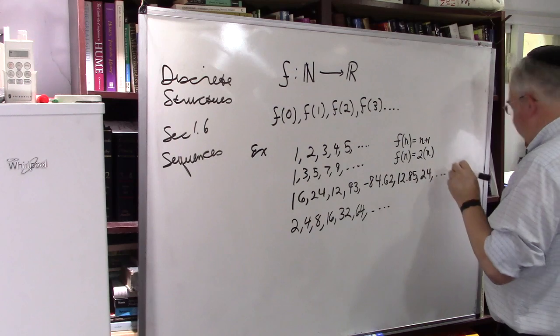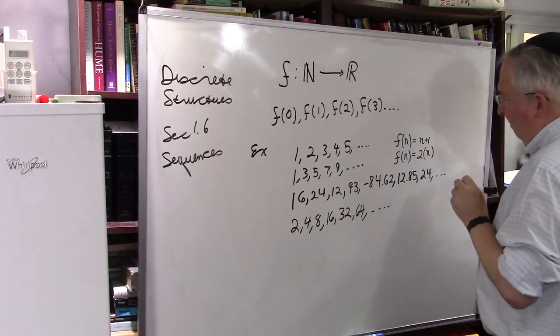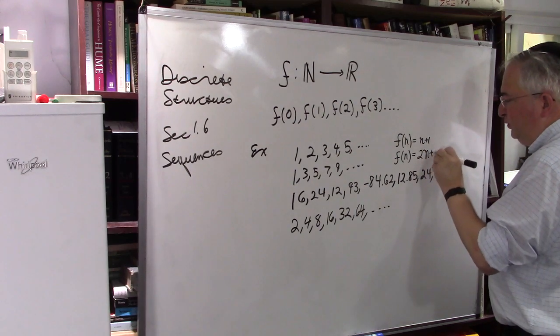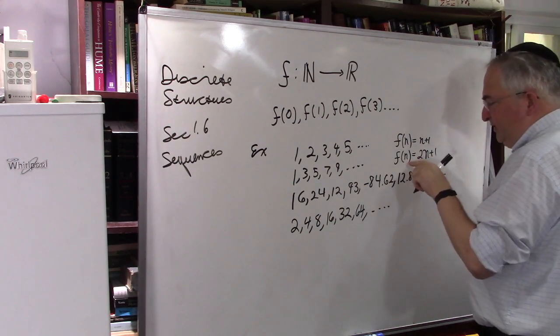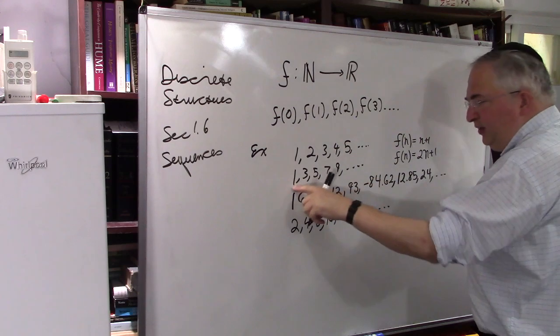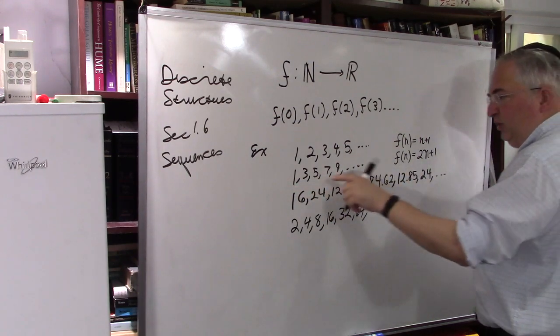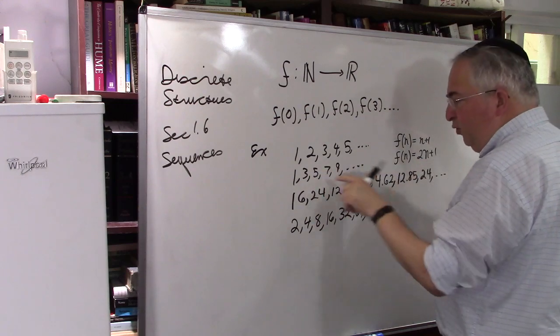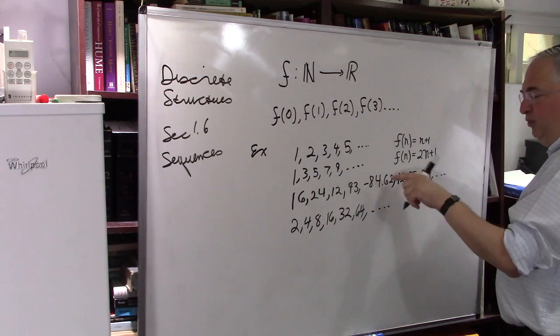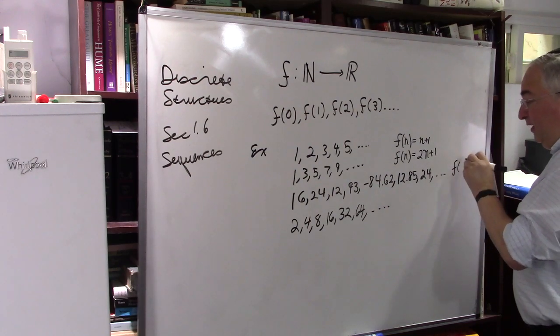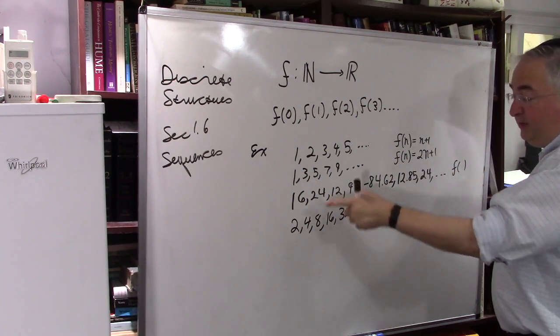Let's plug it in. If you plug in 0, you get 1. That's good. If you plug in 1, you get 3. If you plug in 2, you get 2 times 2 is 4, plus 1 is 5. So this works. This is a function from the natural numbers to the natural numbers.